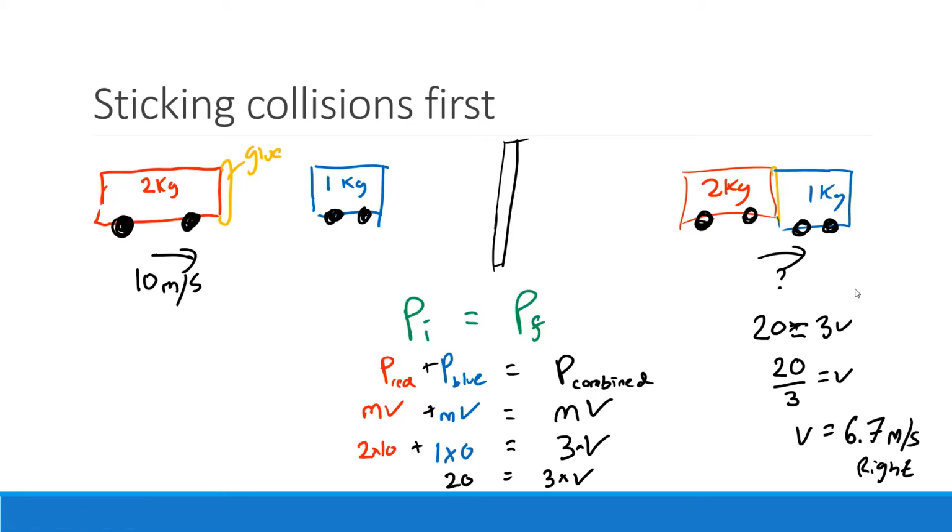The reason it's going that fast is because it's combined together. Now, here's the question. Is that final speed slower, faster, or the same as the initial speed? Someone answer me. Come on.